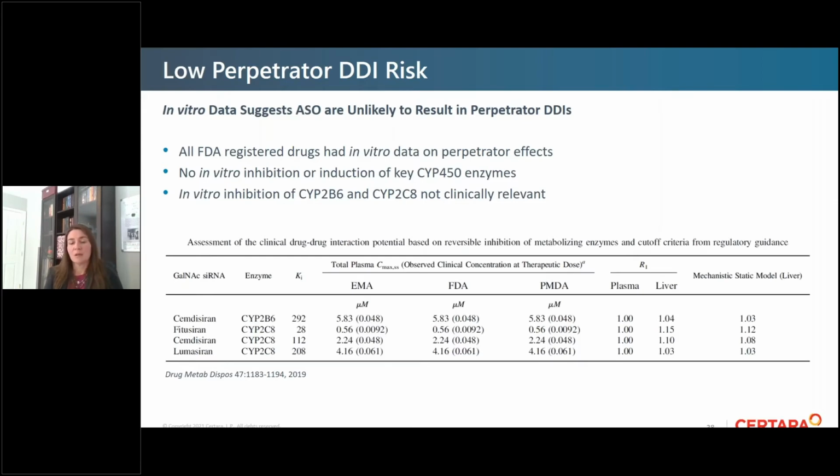So a similar assessment was performed using the predicted liver concentrations, based on the distribution of these molecules into the liver that was investigated in the non-clinical studies. Overall, despite seeing some in vitro inhibition, after all of the assessments there was essentially no clinical DDI risk estimated for these molecules.